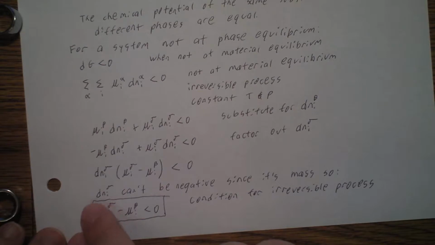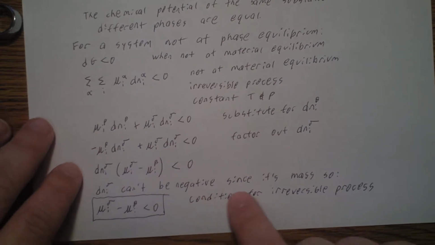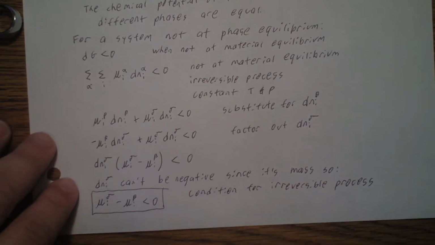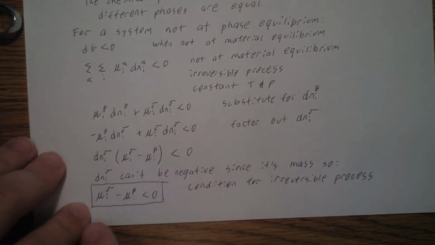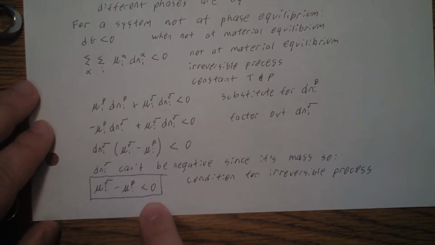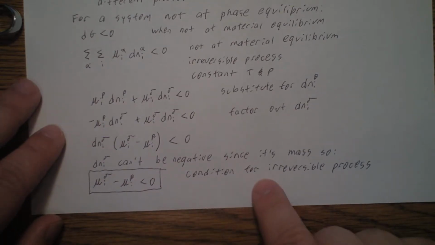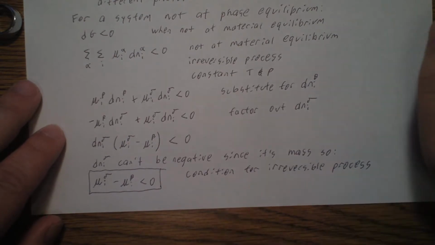So this differential of the number of moles of substance i in phase delta can't be negative. Instead, it's got to be this other difference: the chemical potential of substance i in phase delta minus the chemical potential of substance i in phase beta is going to be less than 0. And if this is true, then we know we have an irreversible process.